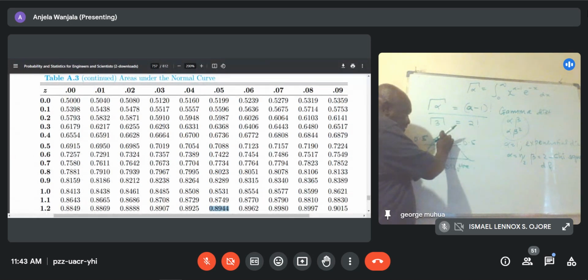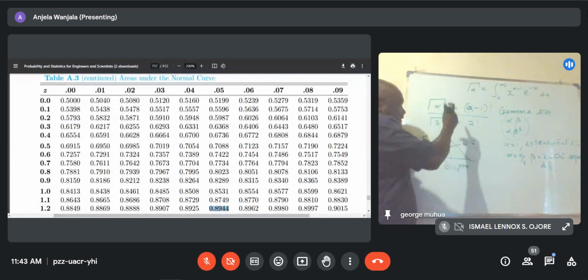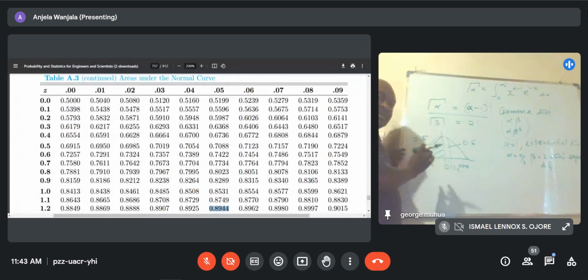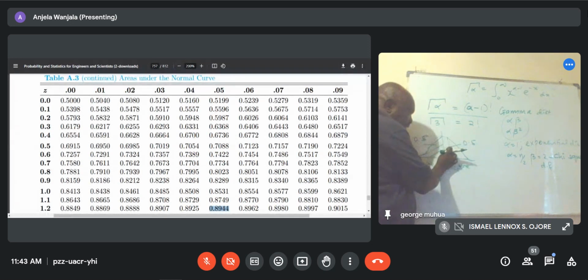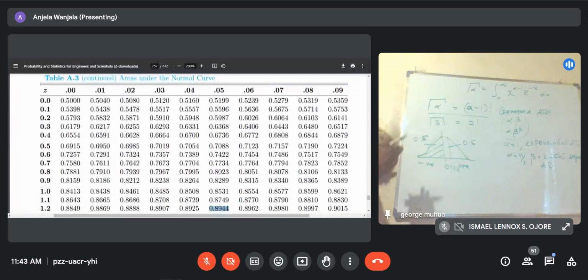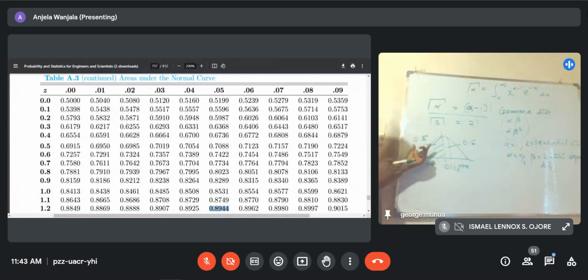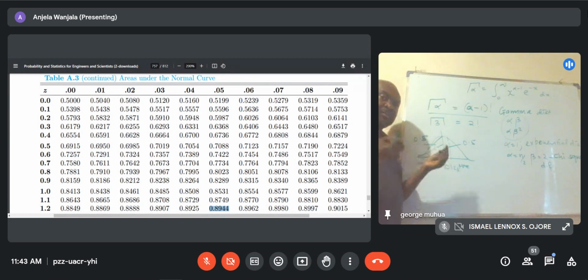Sometimes you will find a table where only this part is shaded. If you find this as the only shaded part, you know that that table is only giving you this area, and that's not the area to the left of 1.25. The area to the left of 1.25 is that area plus 0.5, because those tables are assuming that you already know that this area is 0.5. But for this case, it has already been added. And that's why the shading includes even this area.